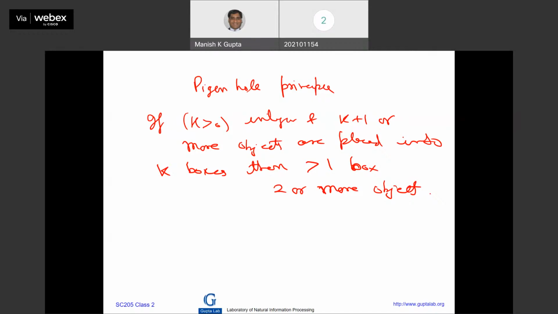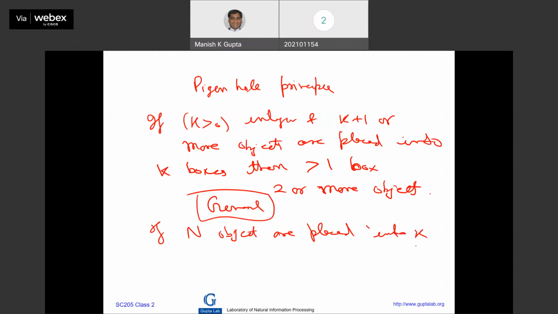By the way, the pigeonhole principle can be generalized. If n objects are placed into k boxes, then there is at least one box containing at least n by k objects.